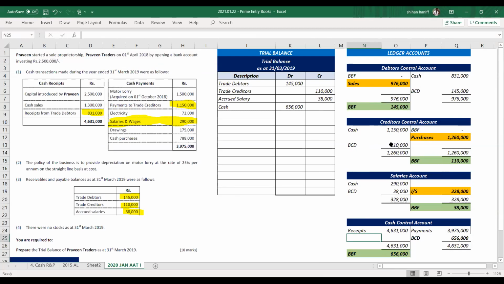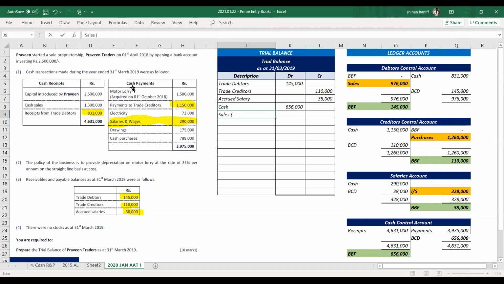Now you can see we have calculated differences. From the debtors control account, we calculated sales. Creditors control account, we calculated purchases, credit sales and credit purchases. Now let's record the sales and purchases.